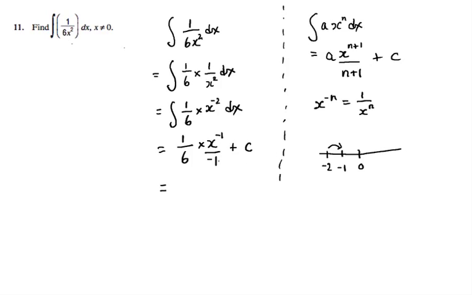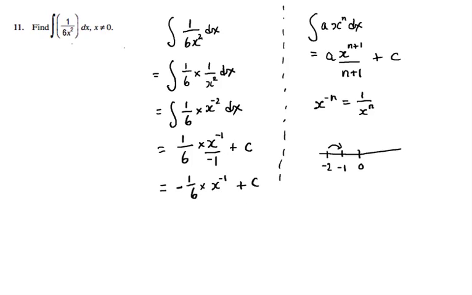Now, dividing by -1, dividing by 1 has no effect on x to the minus 1, but the negative is there. There's a positive 6 times a negative fraction. That whole thing will then become negative. So we have negative 1/6 plus x to the minus 1 plus the constant of integration.